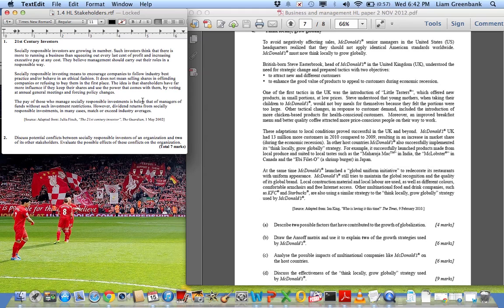Now we already know that this is an AO3 question because all you have to do, as we said last lesson, was look at the command terms, and in this case it's discuss and evaluate, a rare question that actually has two command terms in. That almost never happens.